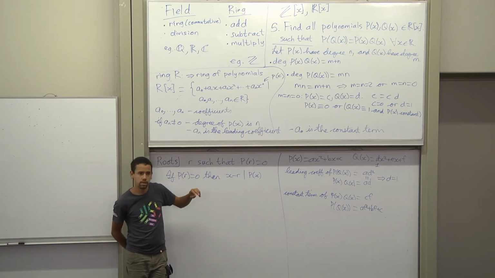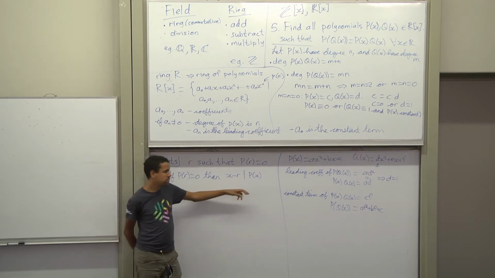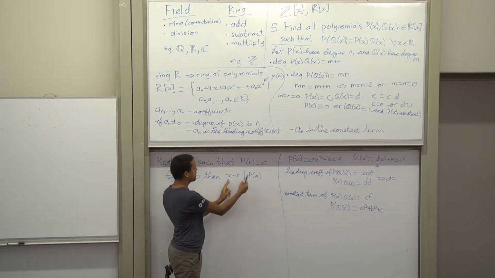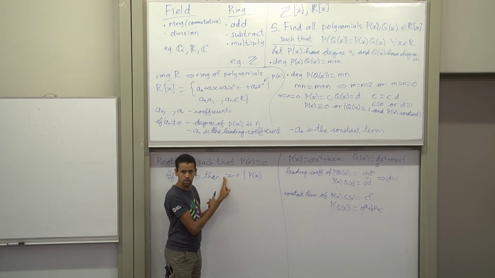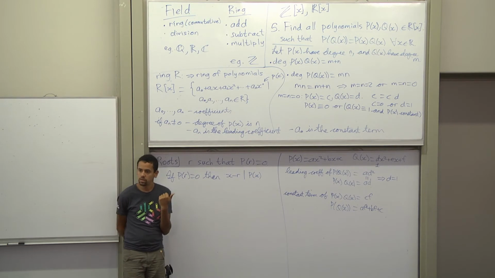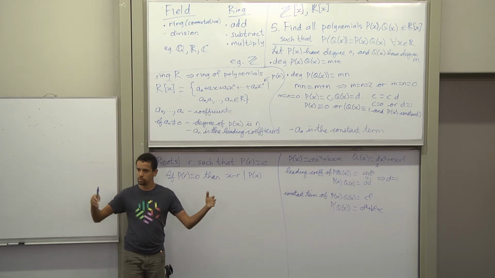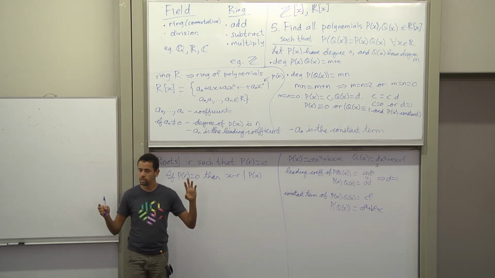You can still define one polynomial dividing another one, just meaning that this one can be written as this times another polynomial. And you can define prime polynomials. You can do some sort of fundamental theorem of arithmetic where you decompose a polynomial into a product of prime polynomials.